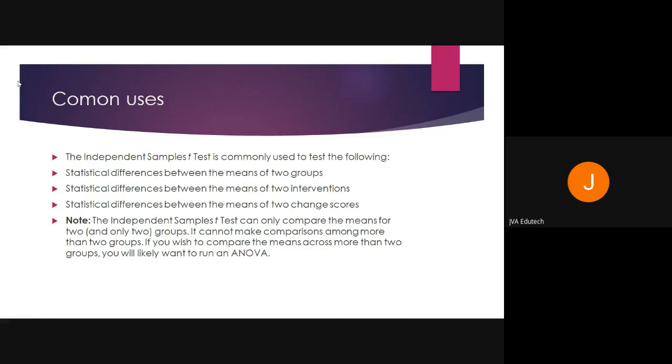In this independent sample t-test, if your groups become more than two, then that becomes the case of one-way ANOVA. So you can say that one-way ANOVA is nothing but the extension of the independent sample t-test.